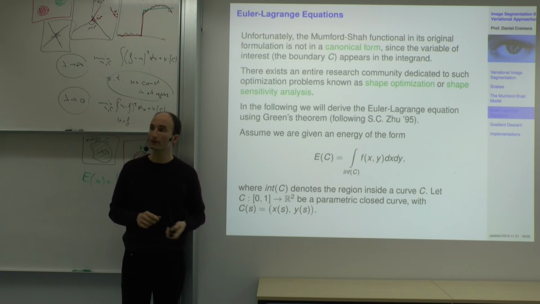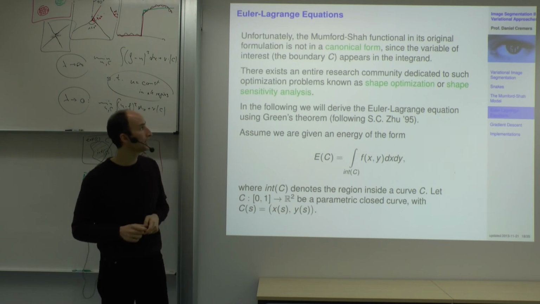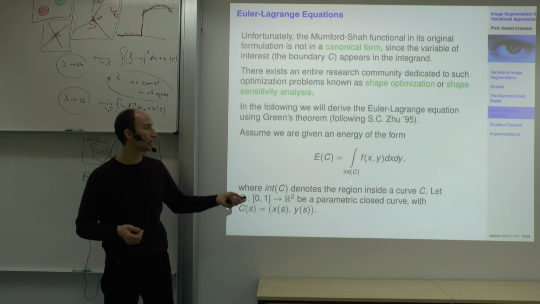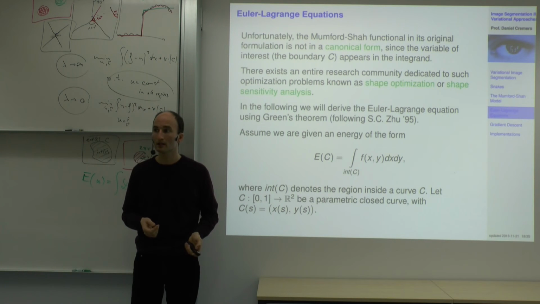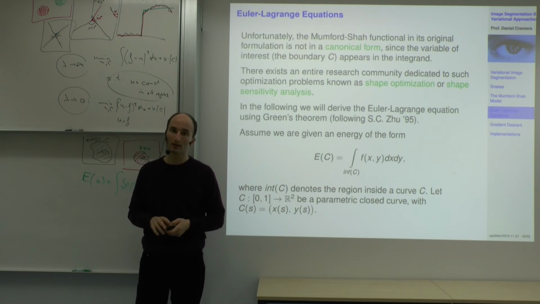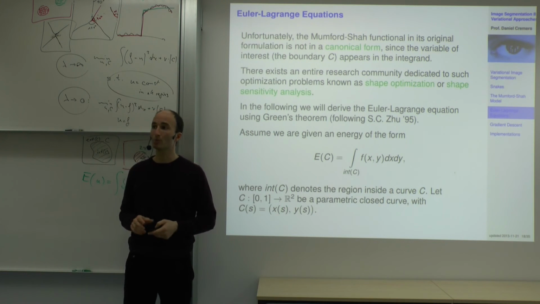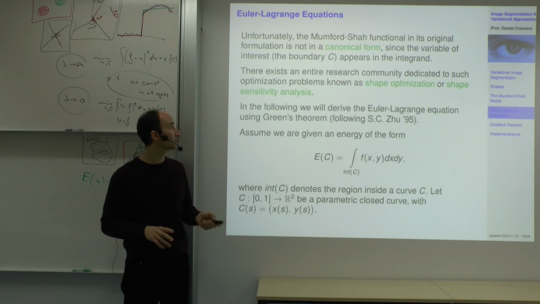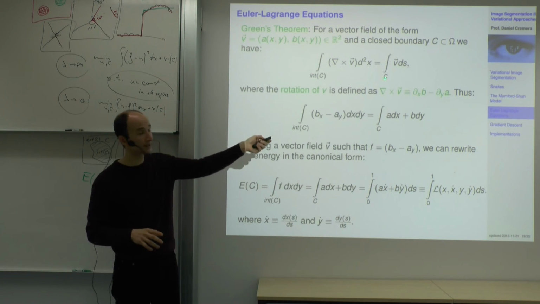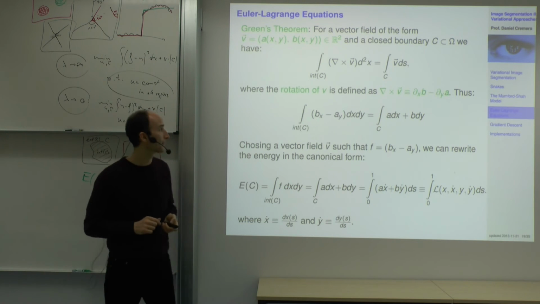This also holds for the piecewise smooth approximation, but in some sense it assumes that you have a closed boundary. And this is an issue, as I mentioned, the original piecewise smooth approximation also allows open boundaries. So this calculus doesn't apply to the open boundary case, because Green's theorem assumes that you have a closed boundary.